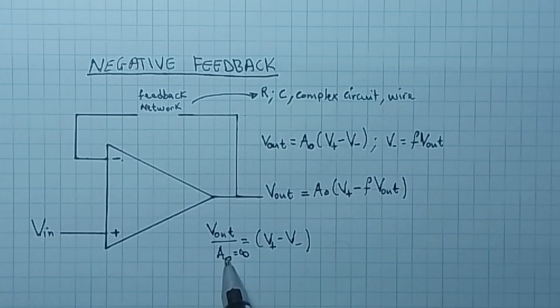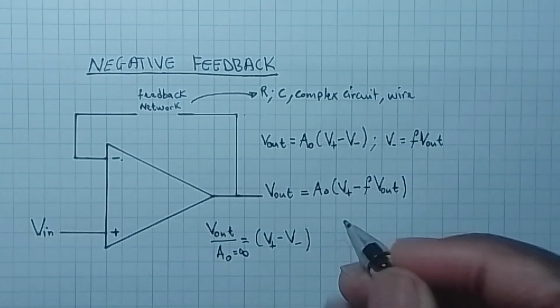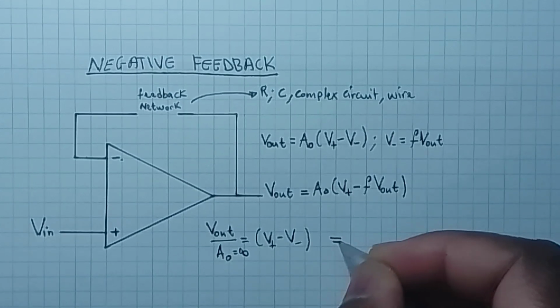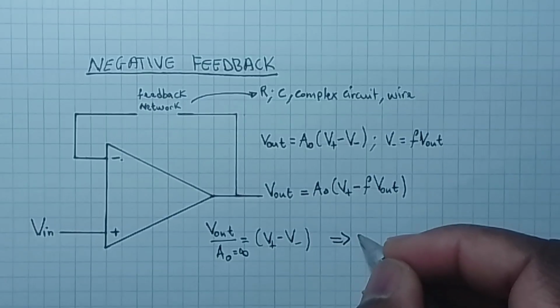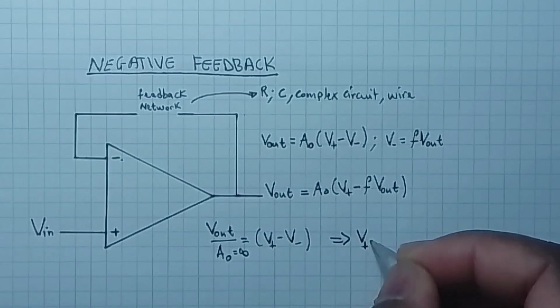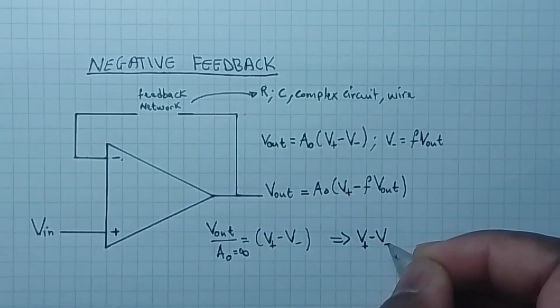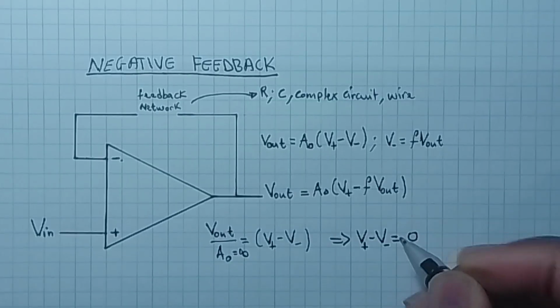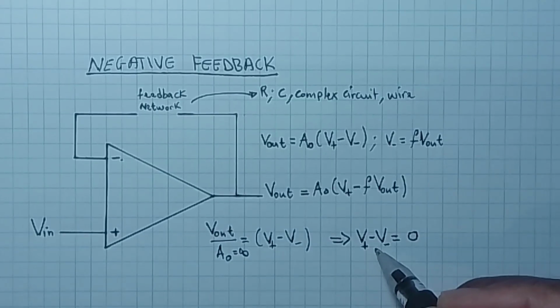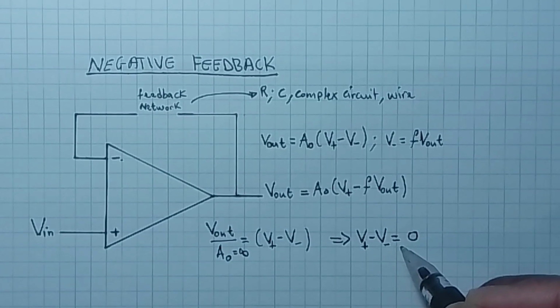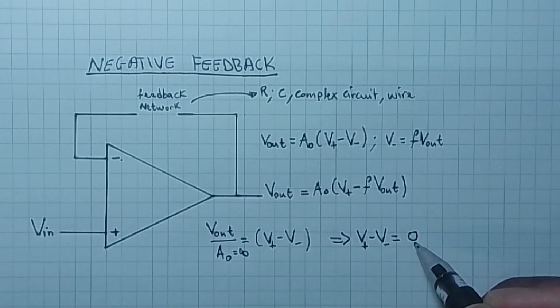So we get the expression V plus minus V minus equals 0.